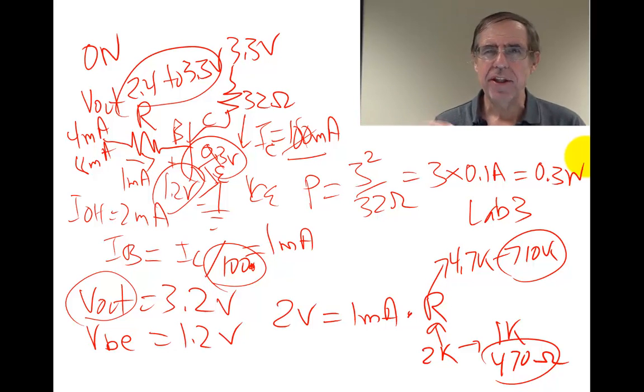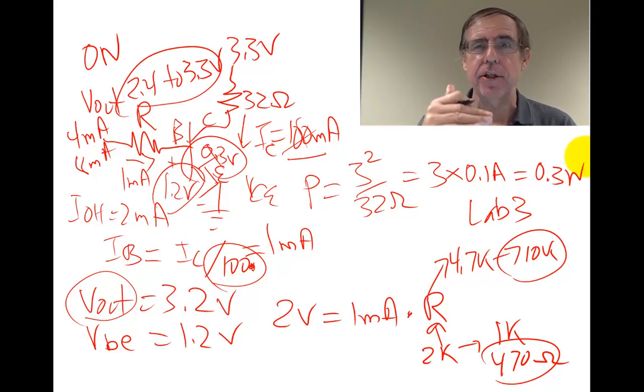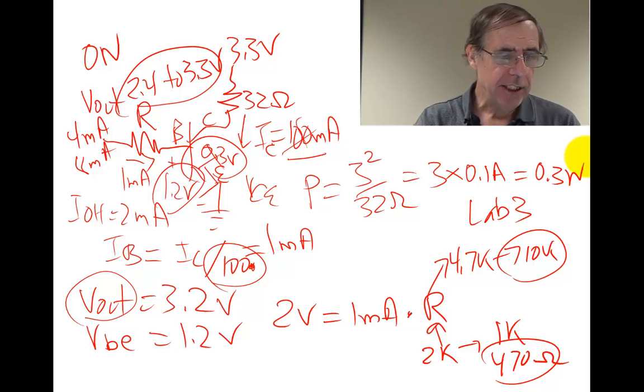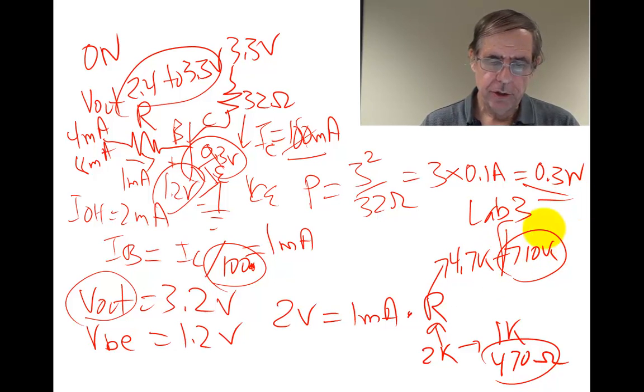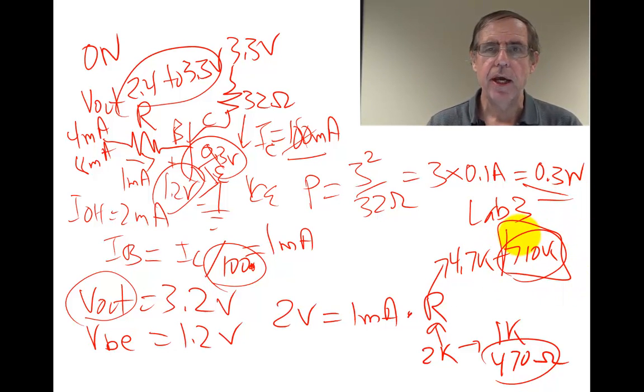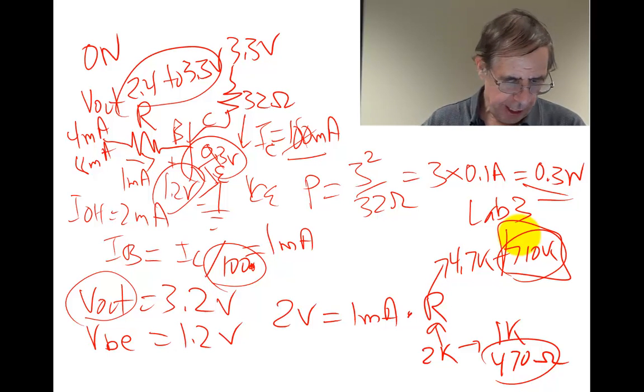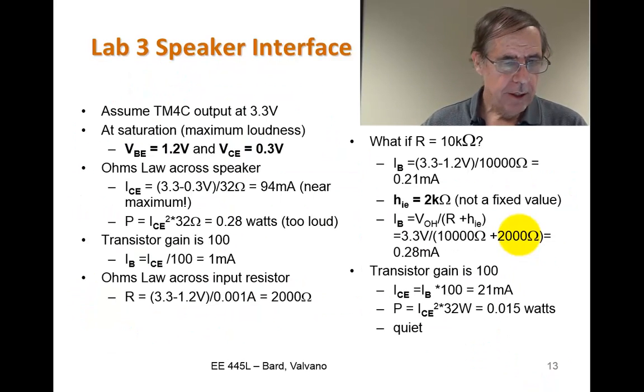That's the power delivered to the speaker in an oscillatory way in the square wave, and that's pretty loud, actually. So we're going to want to choose a resistor smaller than 2K so that it doesn't become too loud. All right. Those are the details that I went through.